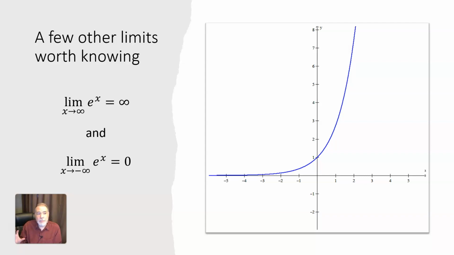If x is a really big positive number, e to the x is really, really big. If x is a really negative number, e to the x is still positive, but only by a little bit. It's only a little bit bigger than 0. So if you look at the graph, as we go off to the right, it shoots way up. And as we go off to the left, it levels off and approaches the x-axis.